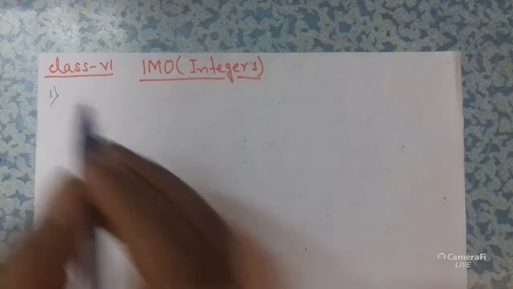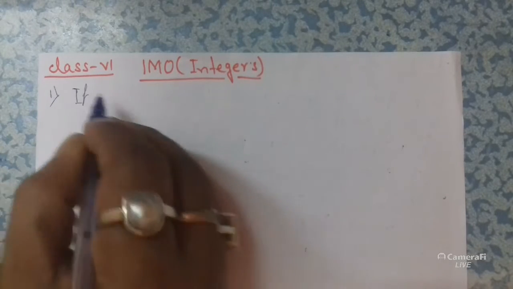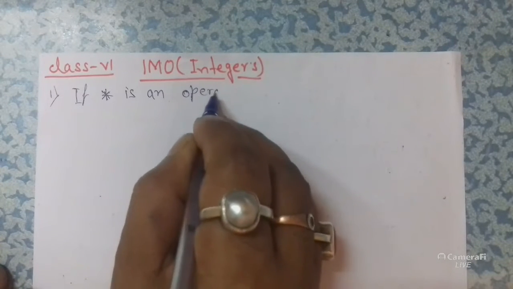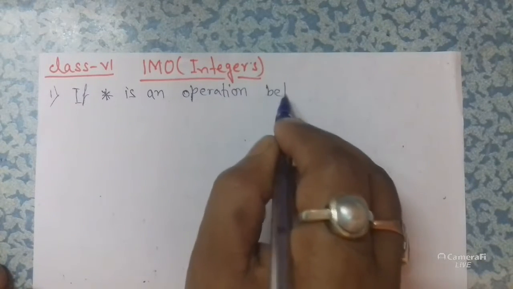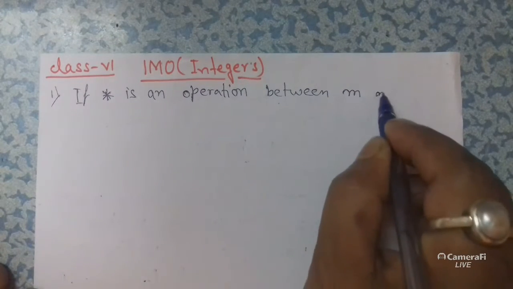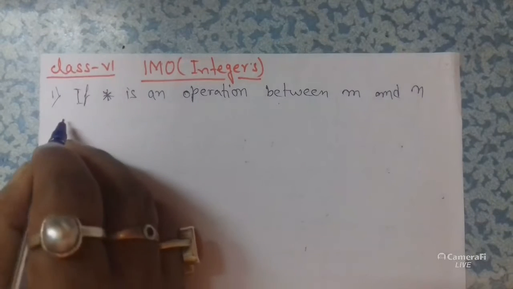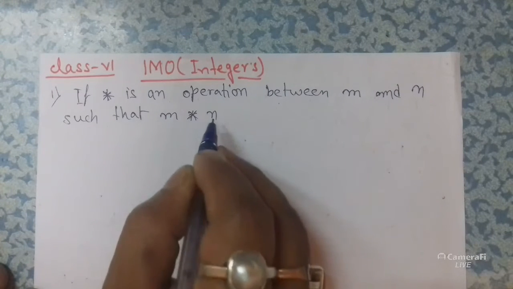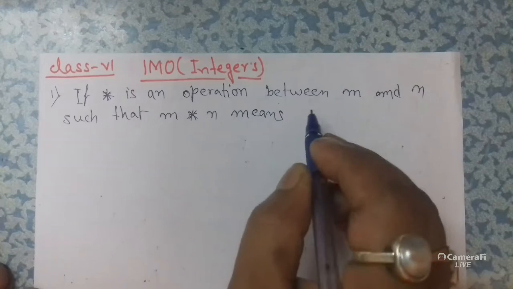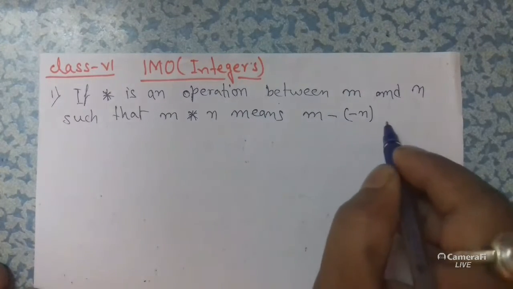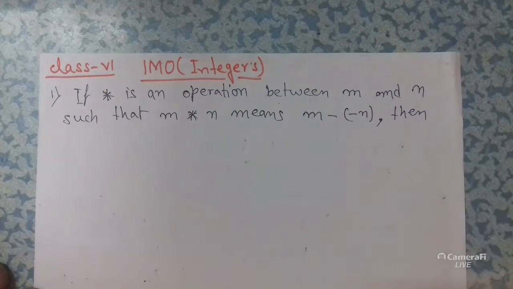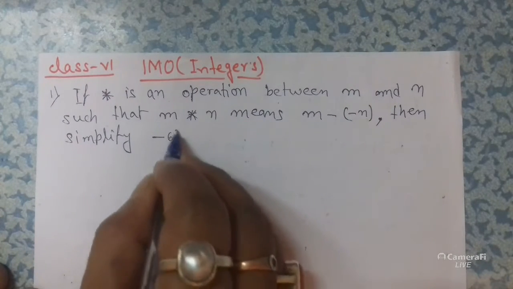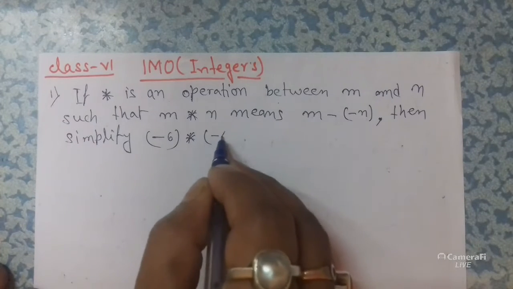So today's first problem is, if this symbol is an operation between m and n such that m star n means m minus of minus n, then simplify minus 6 star minus 4.